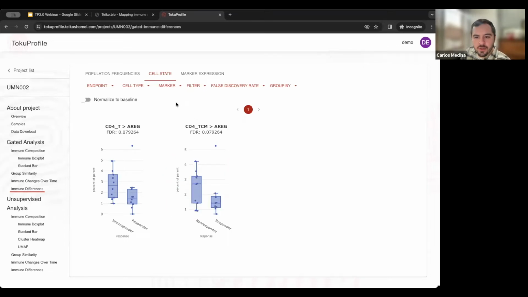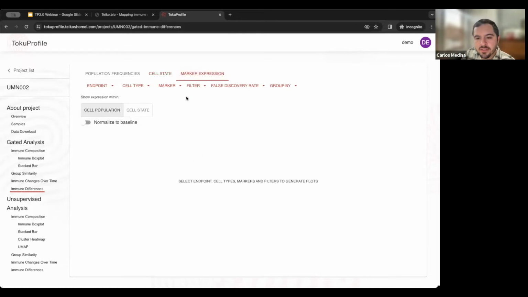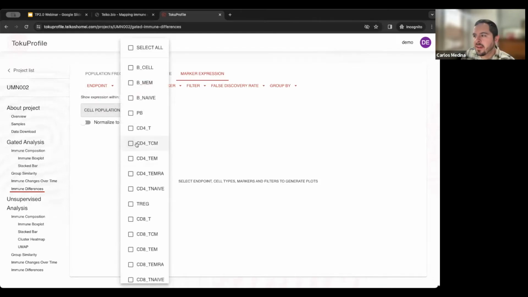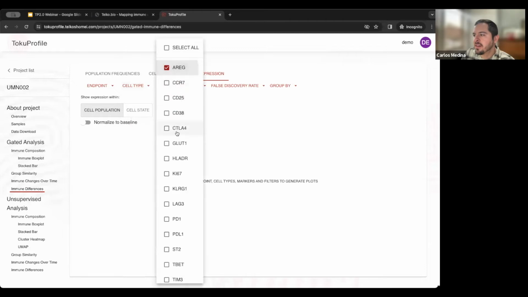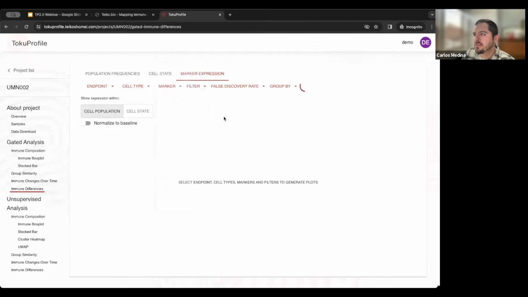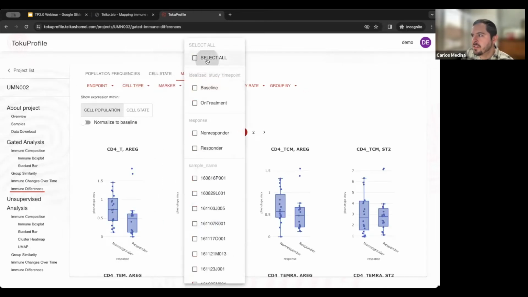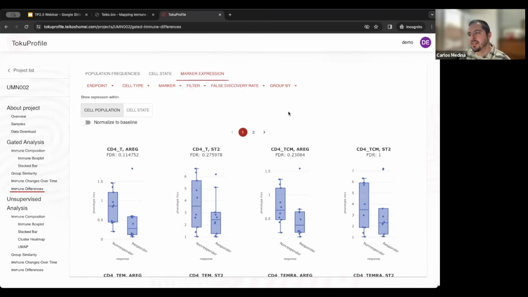And the last part of their question was about the actual expression of AREG and ST2 itself, so protein expression. For that, we can go to marker expression, select response. Let's select our CD4 subsets, as well as AREG and ST2, and filter just to baseline.